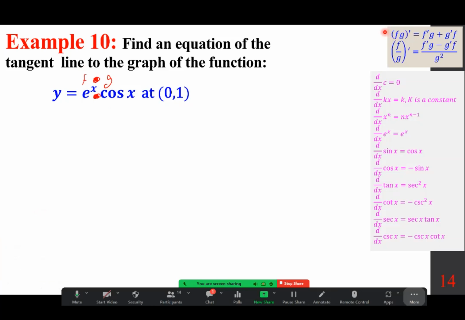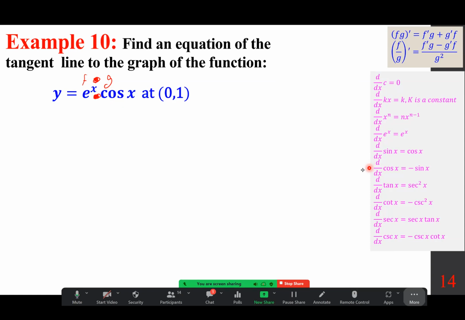So f prime, that means itself, the exponential e to the power of x, the answer is itself. So e to the power of x times cosine x times g, plus g prime. The derivative of cosine is negative sine.